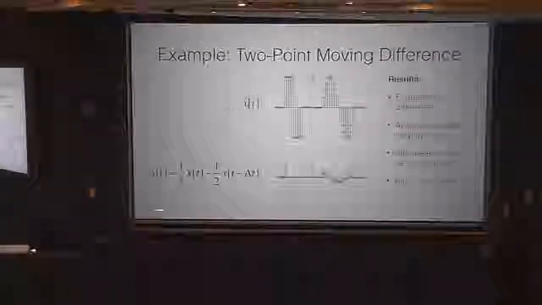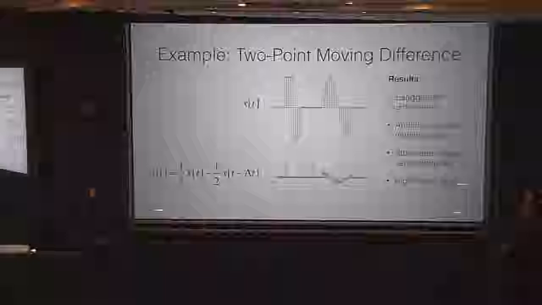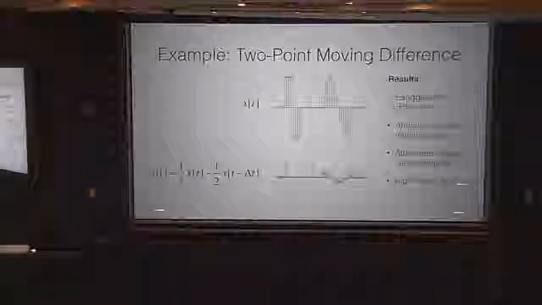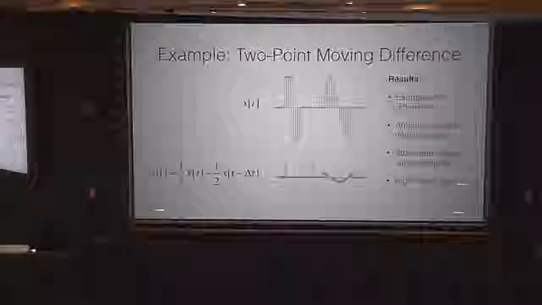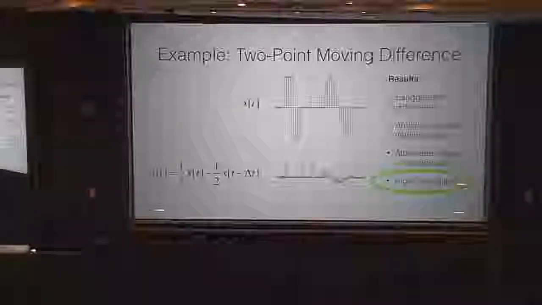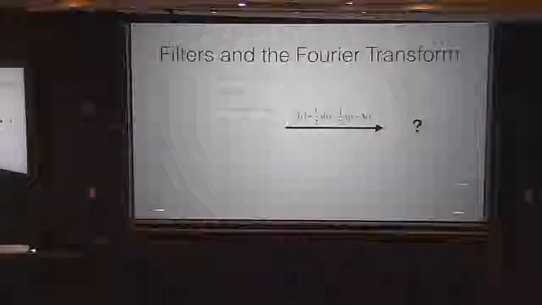OK, so what have we seen? The differences are exaggerated. The quickly varying aspects of the signal have been amplified. The slowly varying aspects have been attenuated. We don't know, strictly speaking, whether or not it's a high-pass filter, so we'll do the same thing we did before.